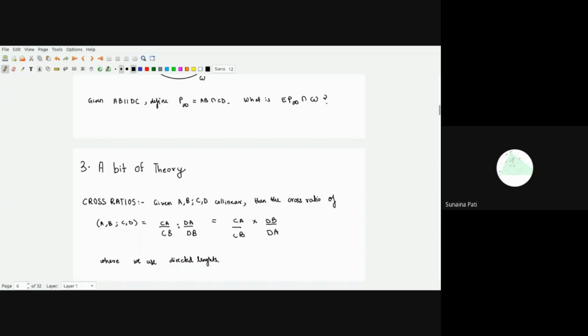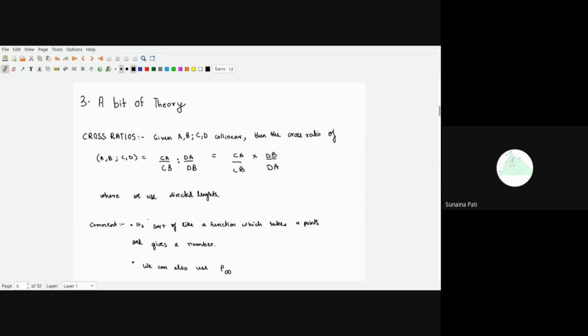So that's how cross ratios are defined, and we use directed lengths. There's basically one reason why we use directed lengths: when we say ABCD, it's for the uniqueness of the cross ratios, which would be useful after a certain period of time. So we'll come back to it later.